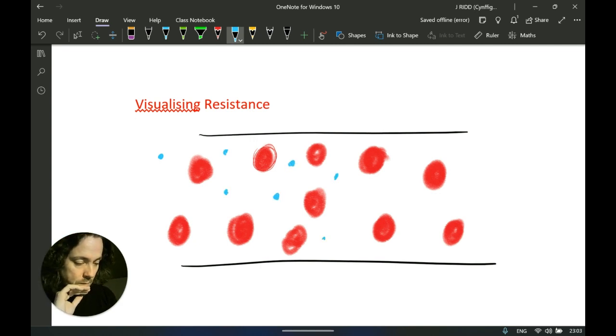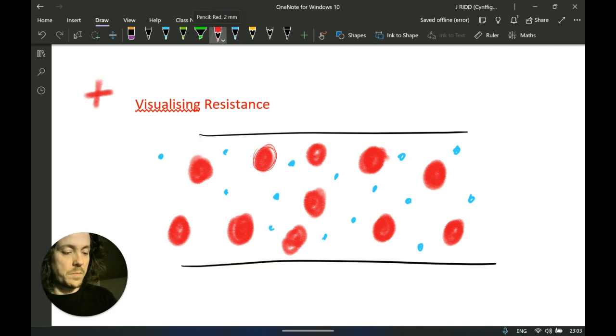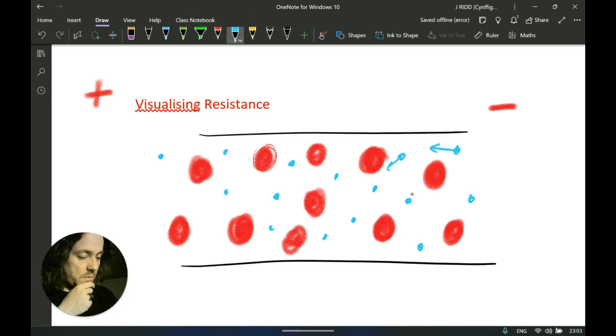And as we mentioned before, they have a drift velocity. So when we apply a potential difference across here, our electrons, because they're negatively charged, are going to have a direction of movement, a drift velocity in this direction. I'm not going to draw them all. But let's imagine this guy here.